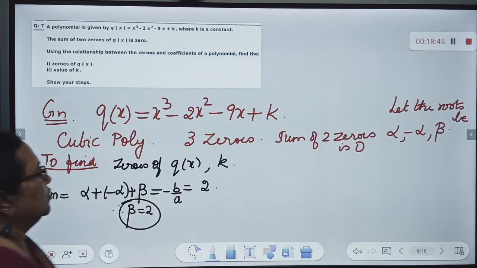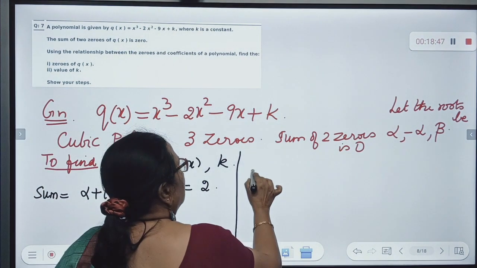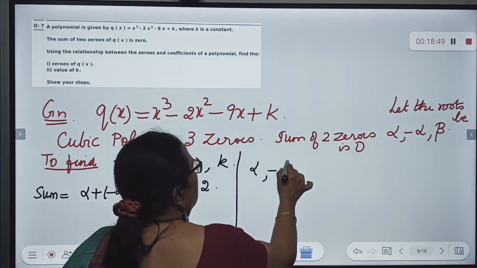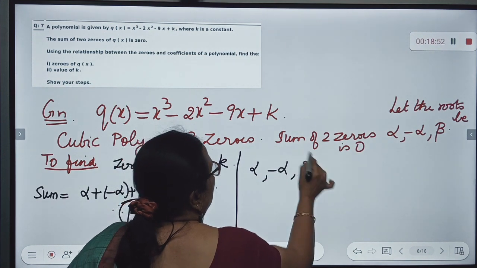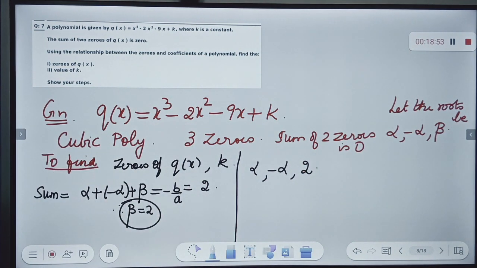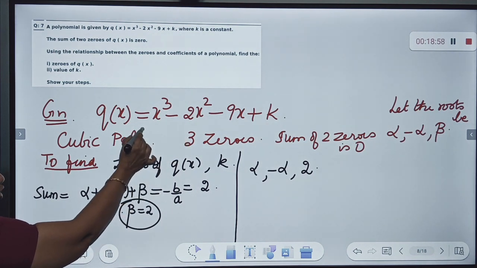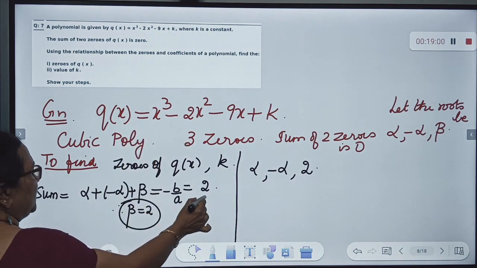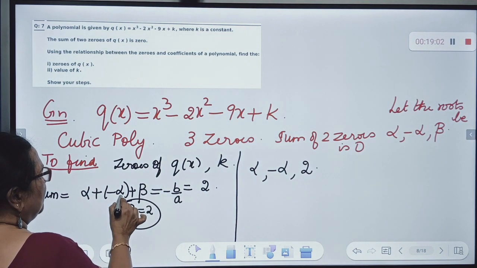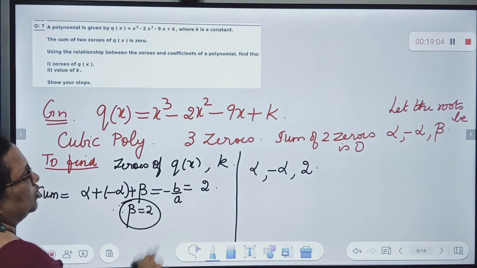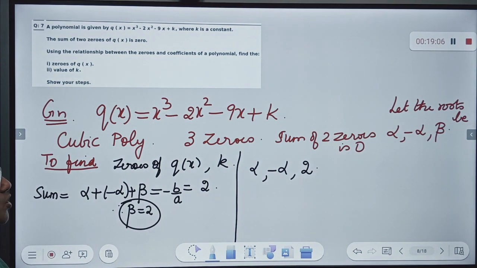Is it clear? Minus b by a, so 2 by 1, where a is the coefficient of x cube. So one root we have already found, which is 2.